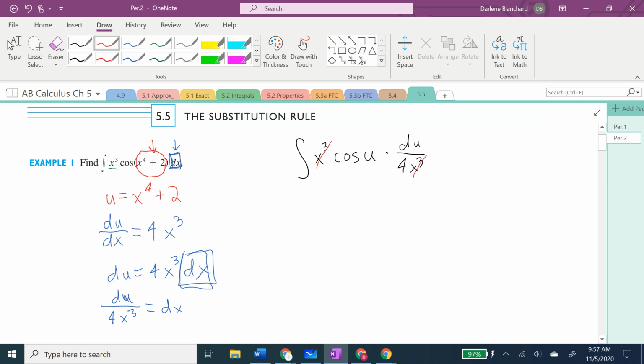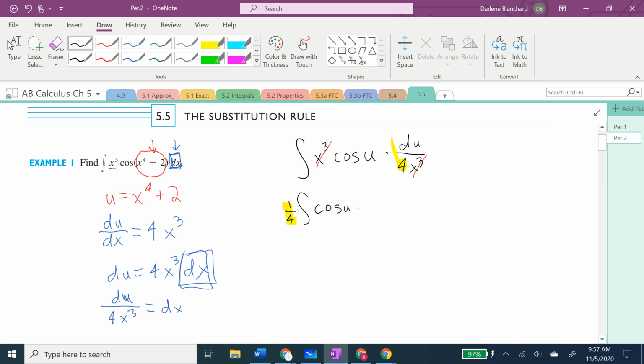All right. Once I simplify, I find that I have a constant multiple of 1/4. I can take that constant multiple of 1/4 and set it outside of that integral. I'm allowed to do that with constant multiples.